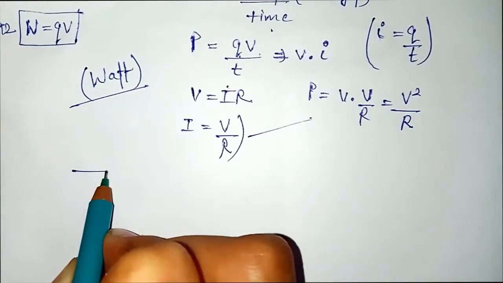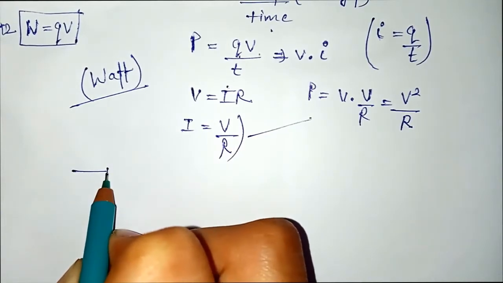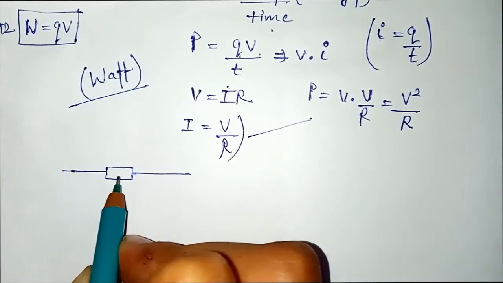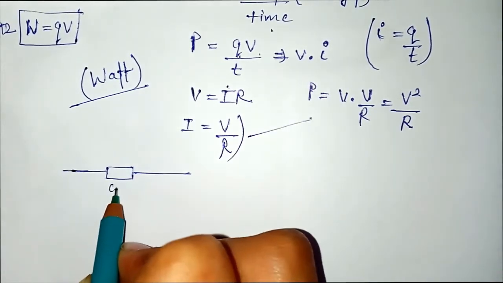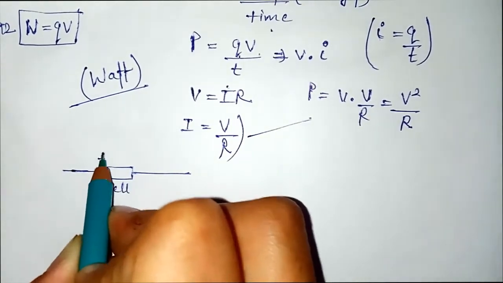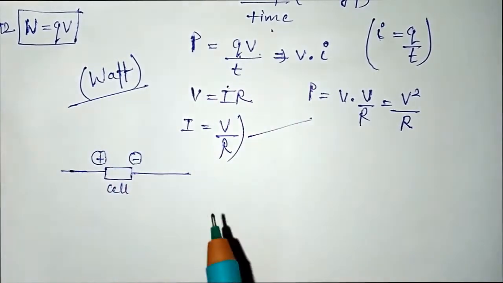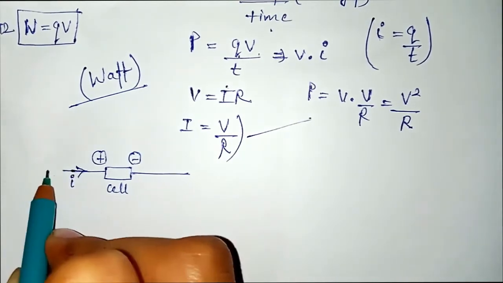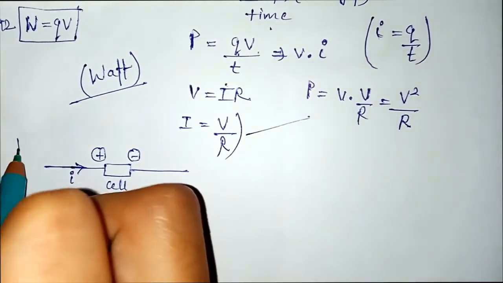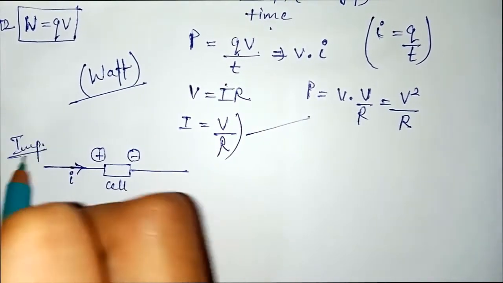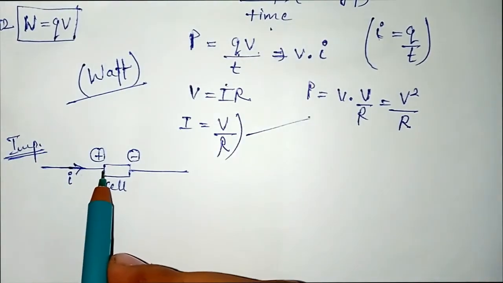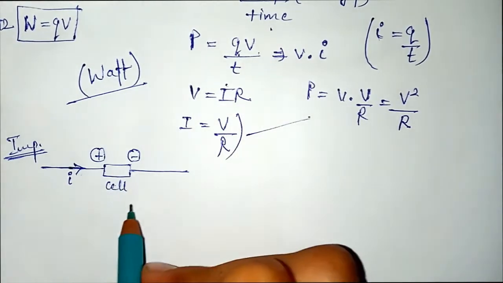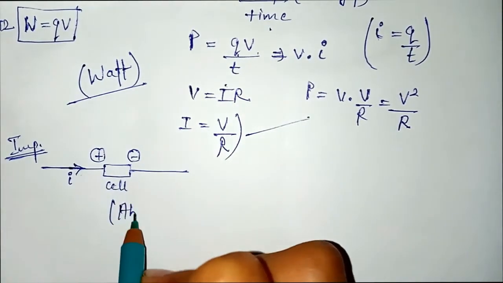Here I told you some important points. Listen carefully. Let's consider a cell, with a positive terminal and a negative terminal. When a current enters the positive terminal of a cell or a battery, power is absorbed.